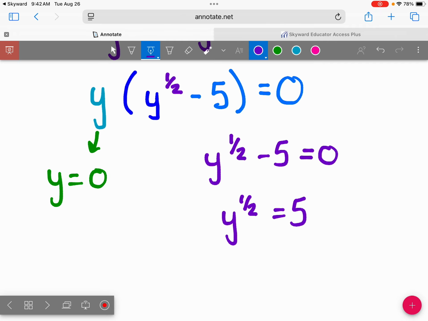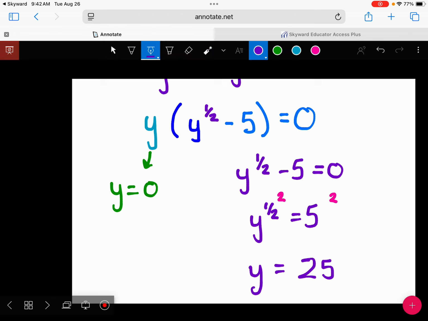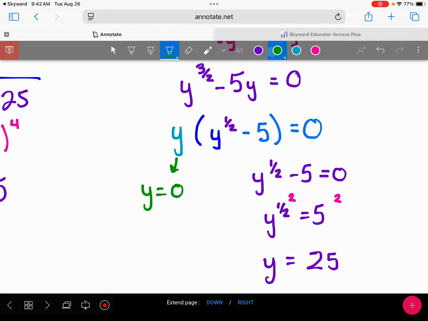Remember, y to the 1/2, that's the same thing as the square root of y. How do I get rid of that 1/2-ness? Square both sides. 1/2 times 2 is going to give me that exponent of 1. You can think of it that way, or you can remember that y to the 1/2 is square root of y squared. There we go. 25. And we have 2 solutions here.